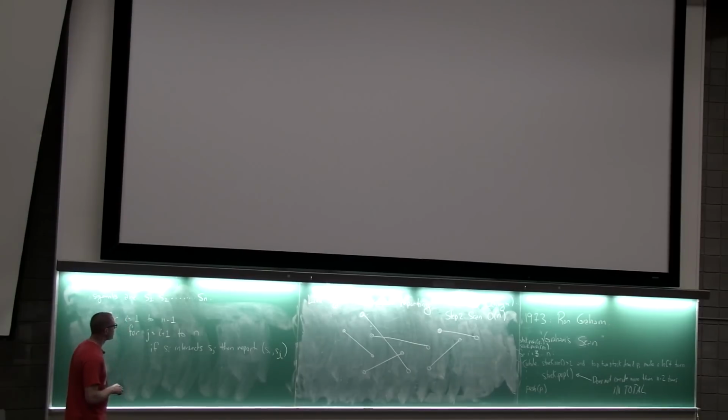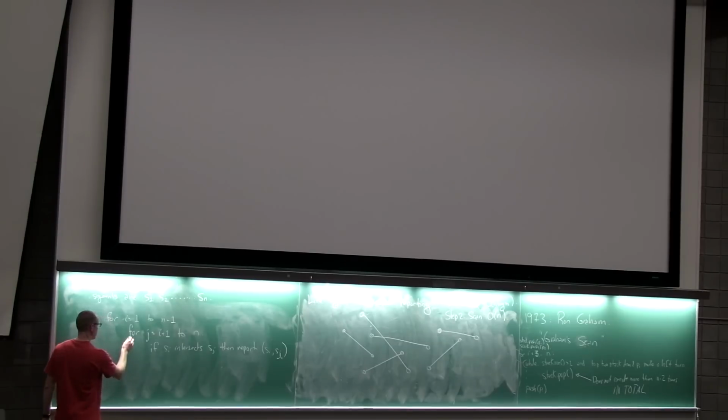That seems like a decent algorithm, right? So what's the running time of this algorithm? N squared. So we've got this outer loop that runs n minus 1 times, and then this inner loop, the first time it will run something like n minus 1 times, the next time it will run n minus 2 times, the next time n minus 3, n minus 4, all the way down to 1.